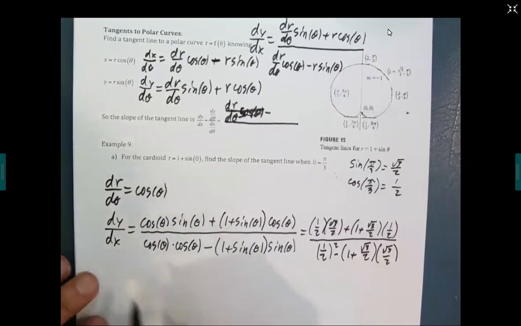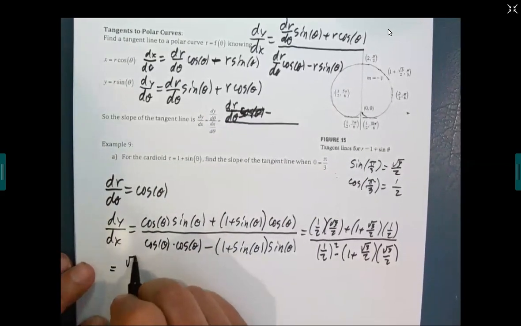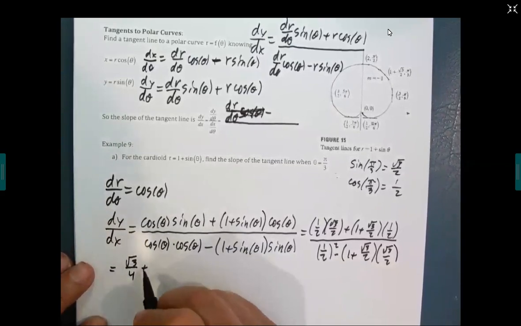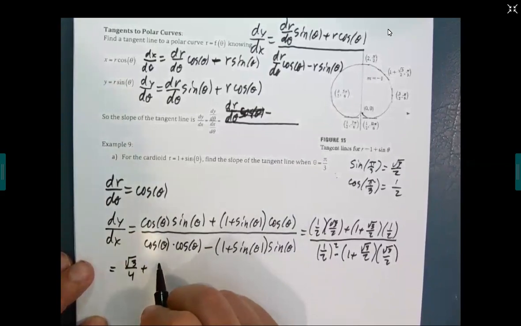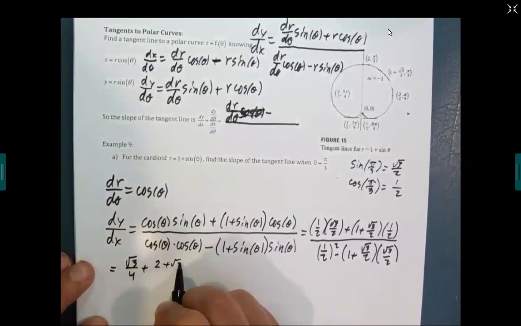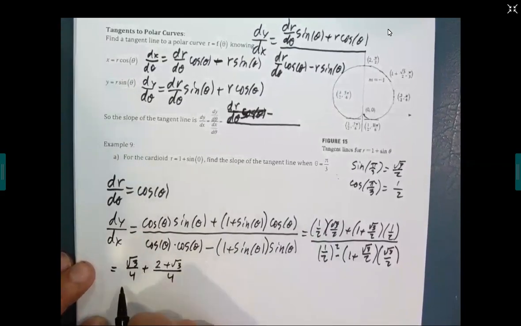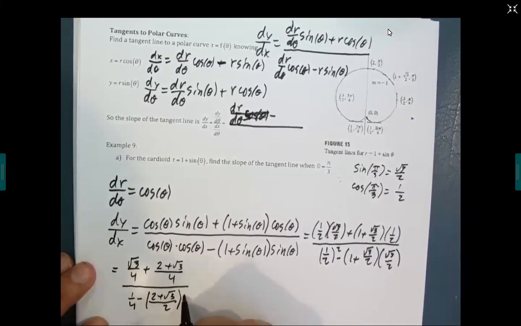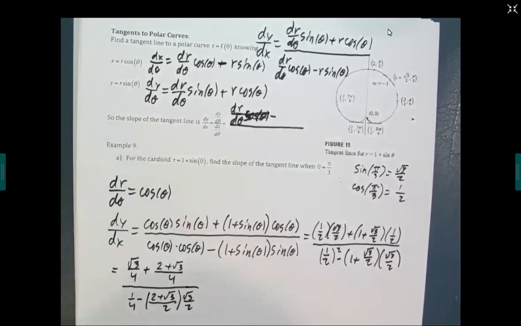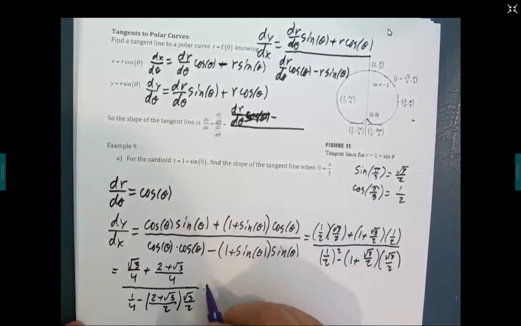So let's get some arithmetic going on here. √3/4 plus 2 plus √3/4, 1/4, minus 2 plus √3/2 times √3/2. I'm going to multiply top and bottom by 4 to get rid of all those denominators.